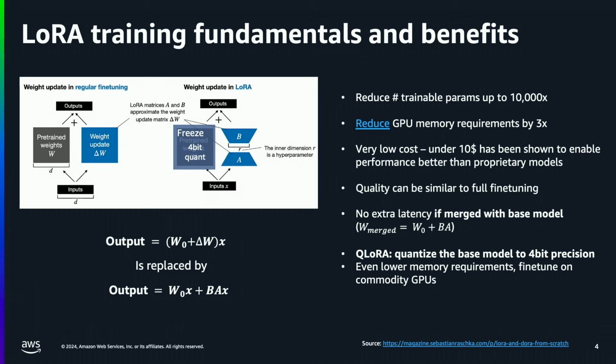Compared to a 175 billion fine-tuned model, LoRA can reduce the number of trainable parameters by 10,000 times and the GPU memory requirement by 3 times without additional inference latency overhead.